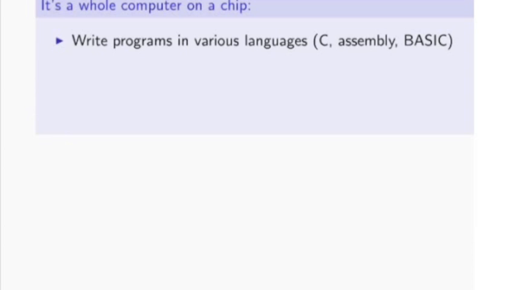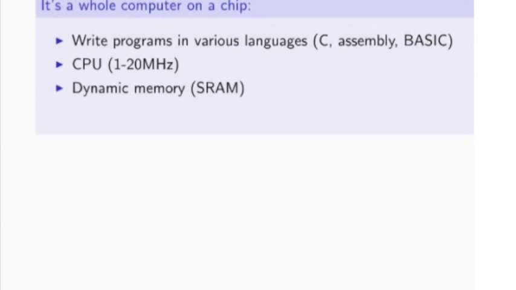What is a microcontroller? They're basically a whole computer on a chip. I mean, you've got programming languages you can compile for it. You've got a CPU that runs, depending on the chip, between 1 megahertz and 20 megahertz, basically for ours. But a real CPU, it can do math and stuff. You've got a bunch of dynamic memory.